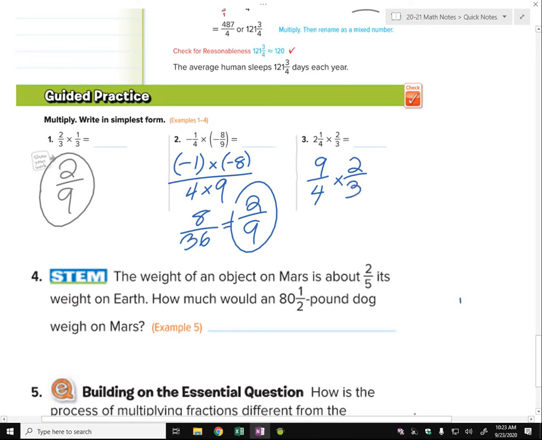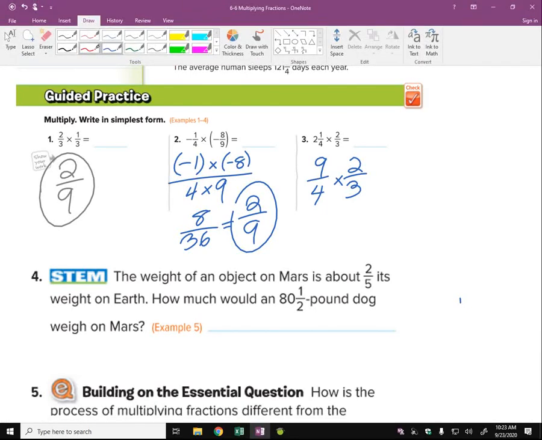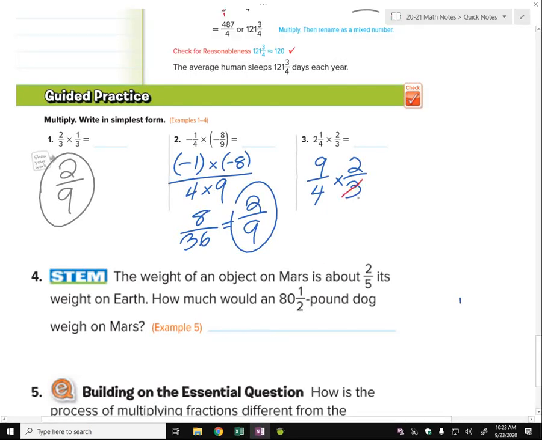I can reduce here. I'm going to show you the reduction method and not reducing method. Divide that by 3, divide that by 3. Divide this by 2, divide this by 2. So now I just have 3/2, which equals 1 1/2. And as I write the answer, I'm double checking to make sure that I didn't miss a negative sign. So that's one way of doing it if I reduced.